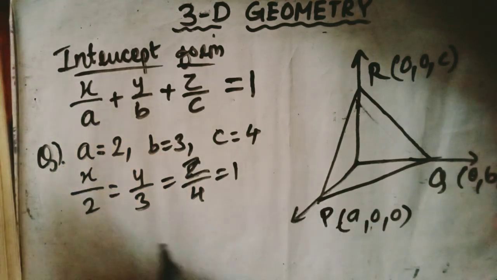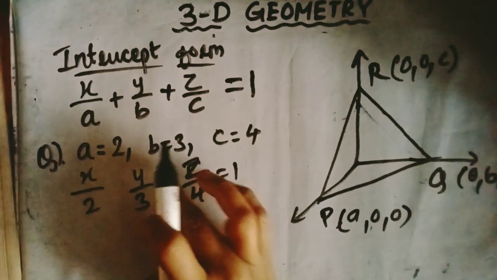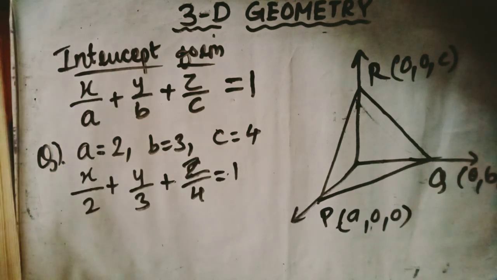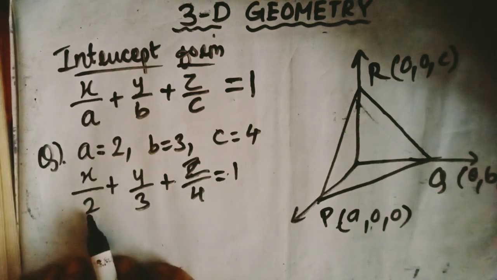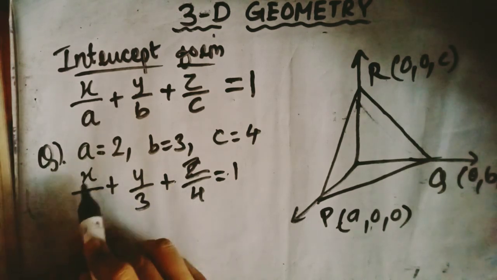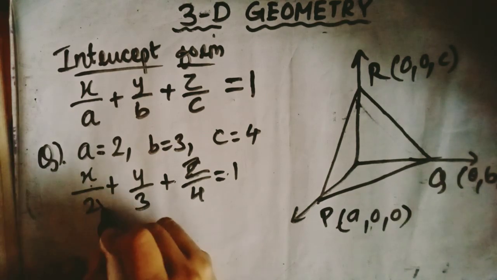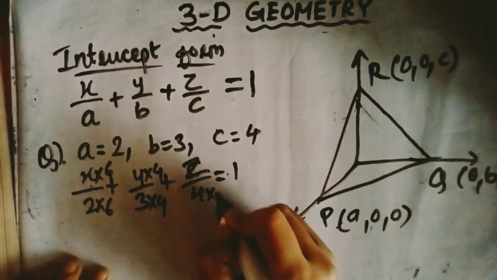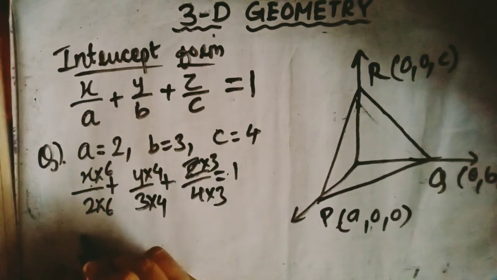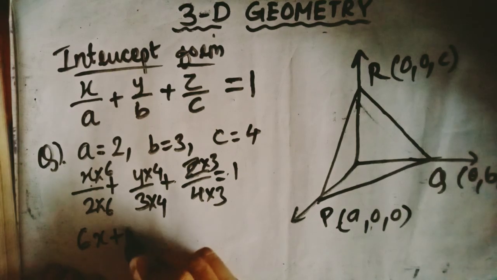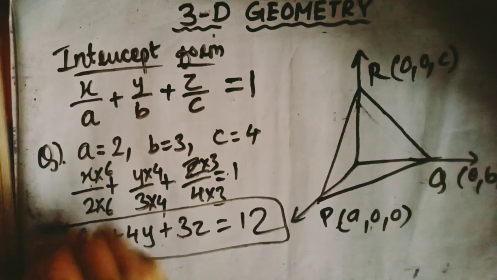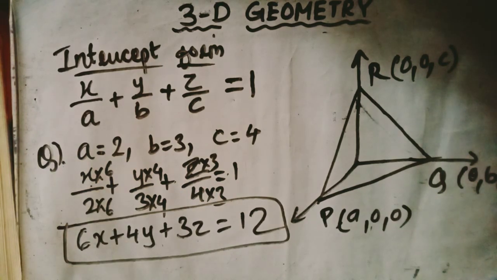Now you can write this in the form of an equation of a plane by making the denominators equal. So this will be 6, 4, 3, and you'll get 6x + 4y + 3z = 12. So this becomes your equation of the plane.